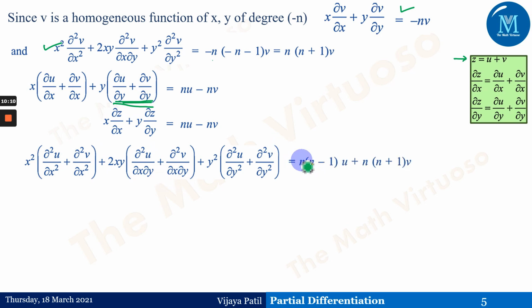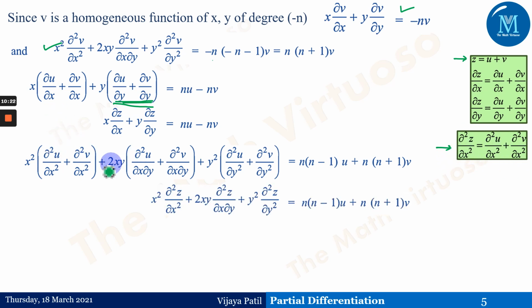Again the same thing: n into n minus 1 into u plus n into n plus 1 into v. From this fact we could write that dou square u upon dou x square plus dou square v upon dou x square would give us dou square z upon dou x square. Similarly, the middle term would also be the same, and similarly the third term. Based on that, we'll be getting this equation.